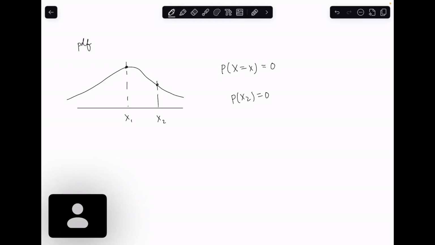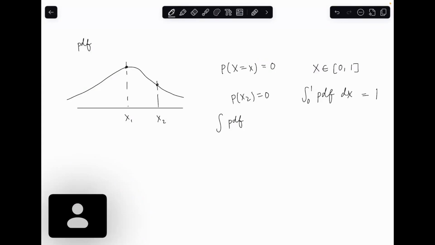Another thing, like I mentioned, is that if we integrate a PDF over its bounds of integration, so if X is contained between 0 and 1, and I integrate my PDF from 0 to 1, that should equal what? To be a valid PDF, what should it equal? That's 1.